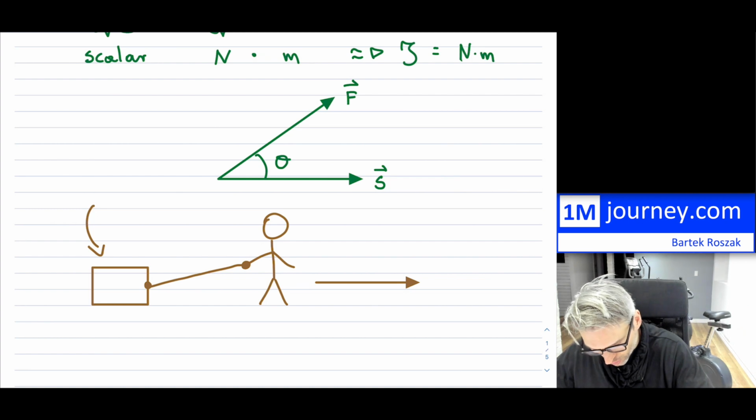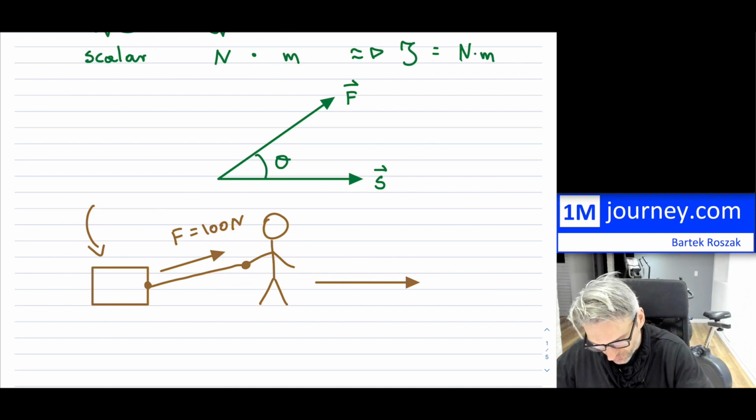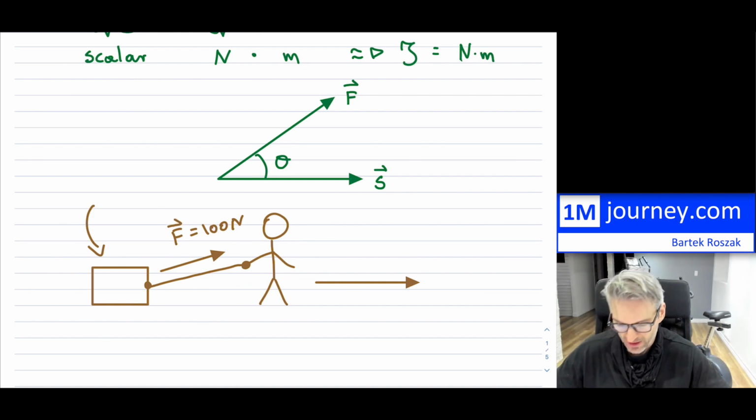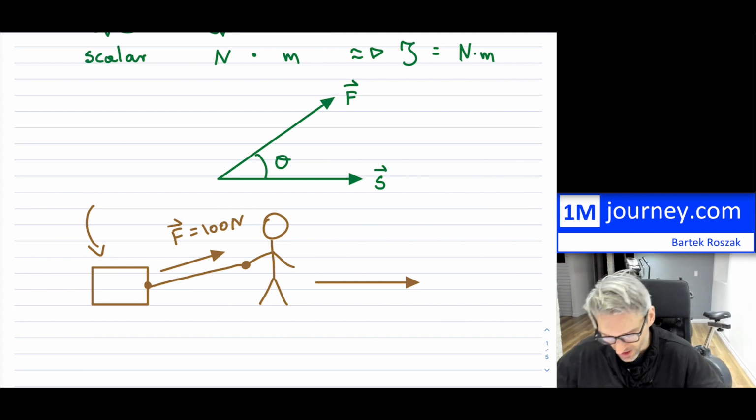It is being pulled by this person with some particular force. And let's give this some numbers. Let's say that maybe this force is equal to 100 newtons. And it's an actual vector because you're pulling and you can see that direction.